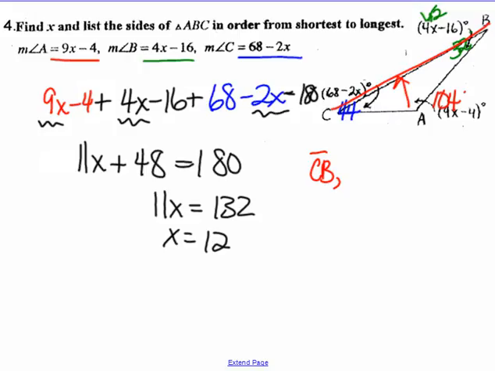The next one will be opposite the 44 over here, so that's going to be BA. And then we've got this one, opposite, CA.